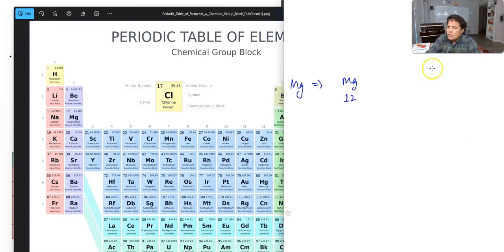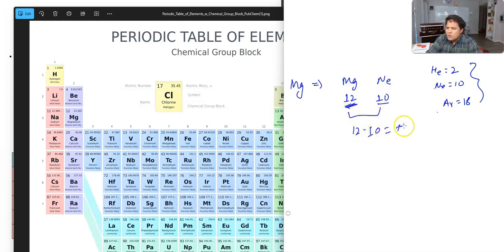Which is the closest to 12? 10 is closest, so neon. Neon is 10 and this is 12. What is the difference? 12 minus 10 is equal to +2. That's why magnesium can have the charge +2.